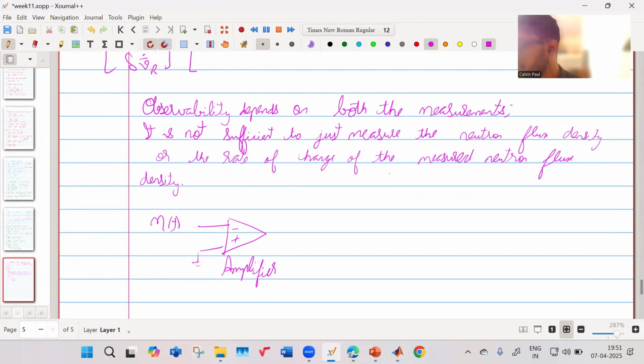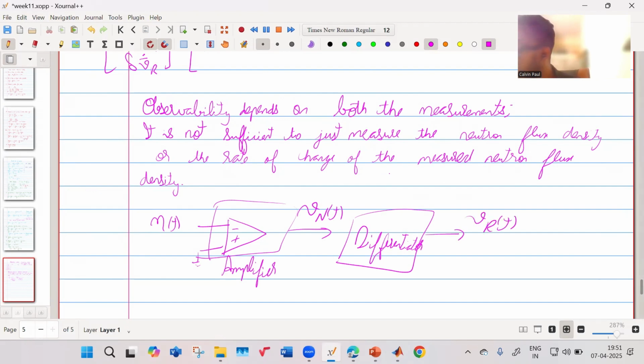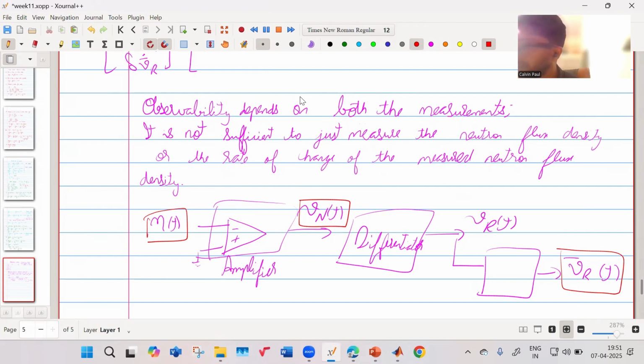We have an amplifier that gives my VN of t. That is passed through a differentiator, and that gives my VR of t. And with some mathematical manipulation we get a VR bar of t. So this is a state, this is also a state, and this is also a state.